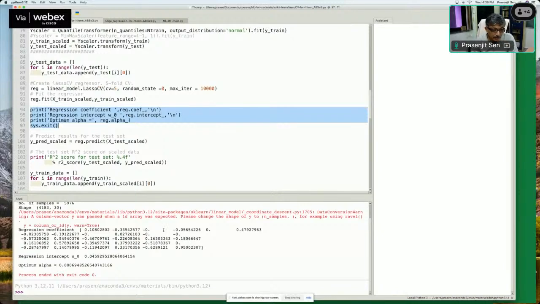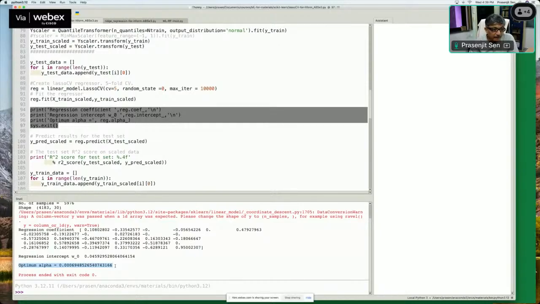So you see the optimum alpha that we got is 0.00069, which is very different from the 0.01 I had set by hand in the earlier example.